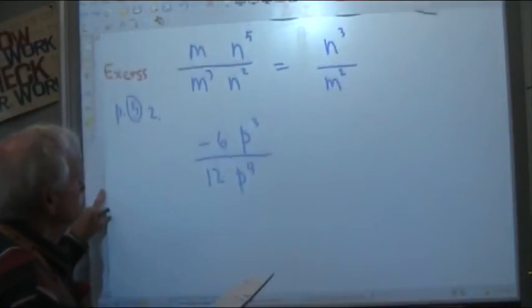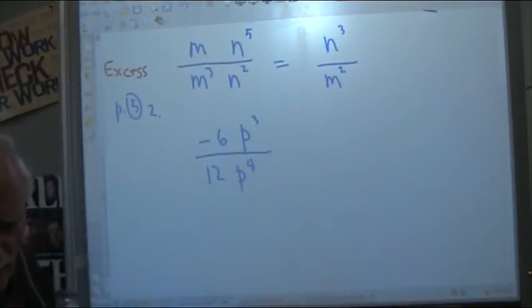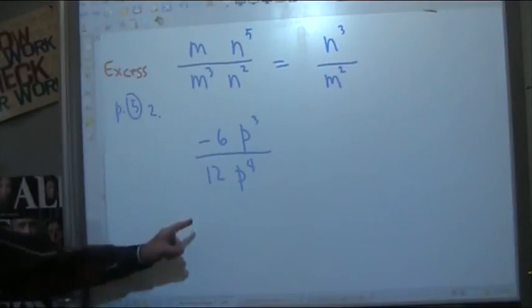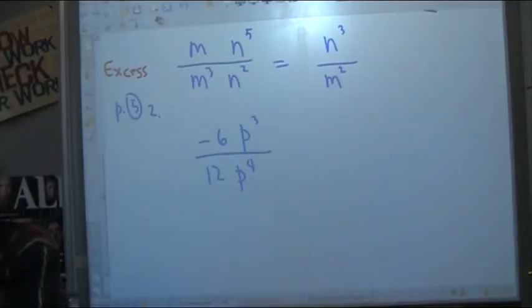So what's the answer here? Negative 1 over 2p. Hey, guys, slow down and do SNV.